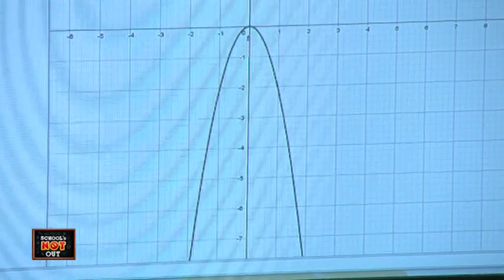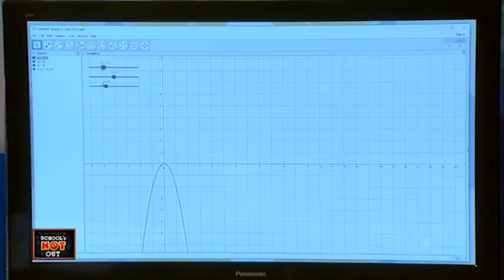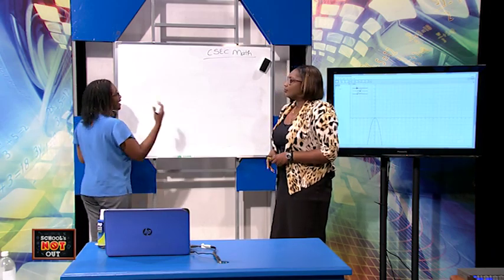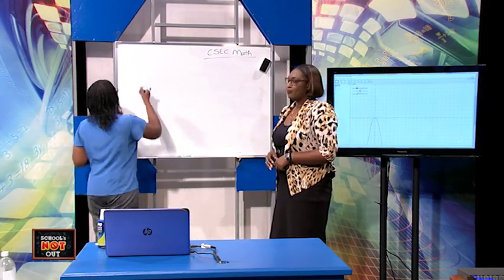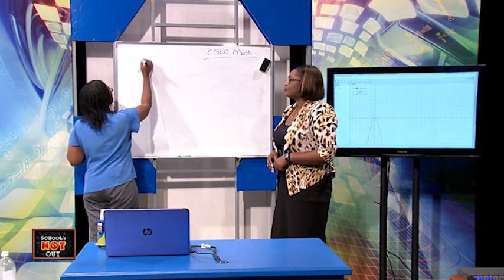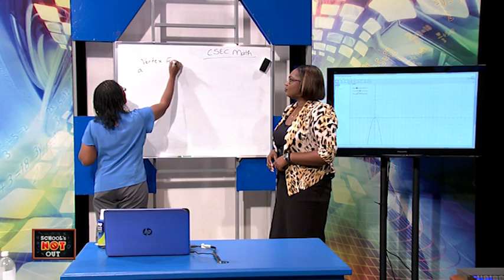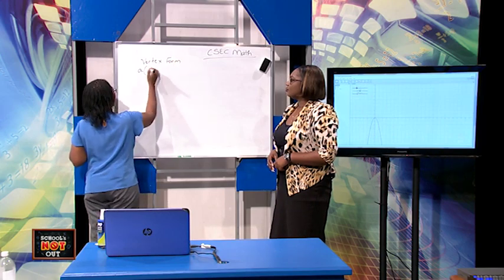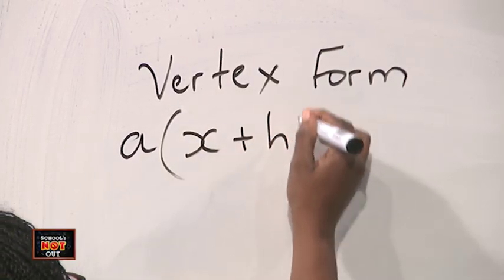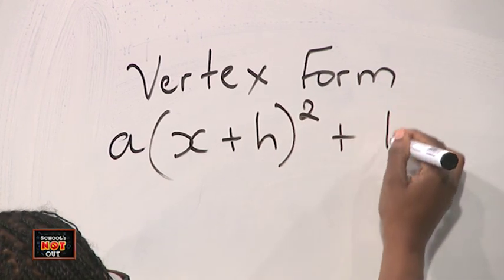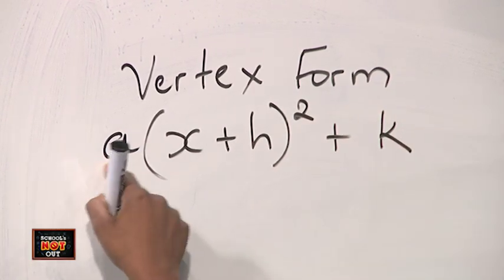All right. Now, I want to point out something here. Let's get on the board quickly, that our quadratic functions can be written in vertex form. So we're talking about writing it in vertex form. All right, so we mentioned A earlier.